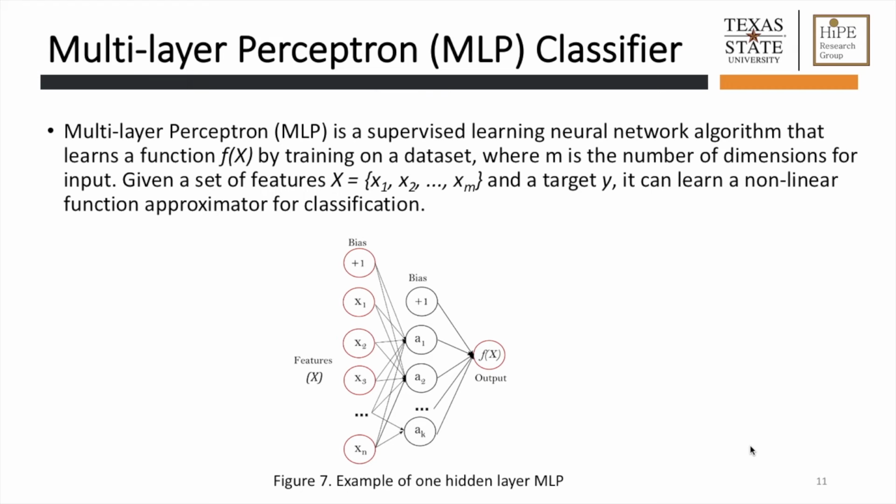Multilayer perceptron classifier. We have also implemented this supervised learning neural network algorithm to train and test our dataset. In the figure, it is a one hidden layer MLP classifier example. The vector that's coming from the features that have already been extracted is fed here, and with the neural network, data is trained and it gives an output.